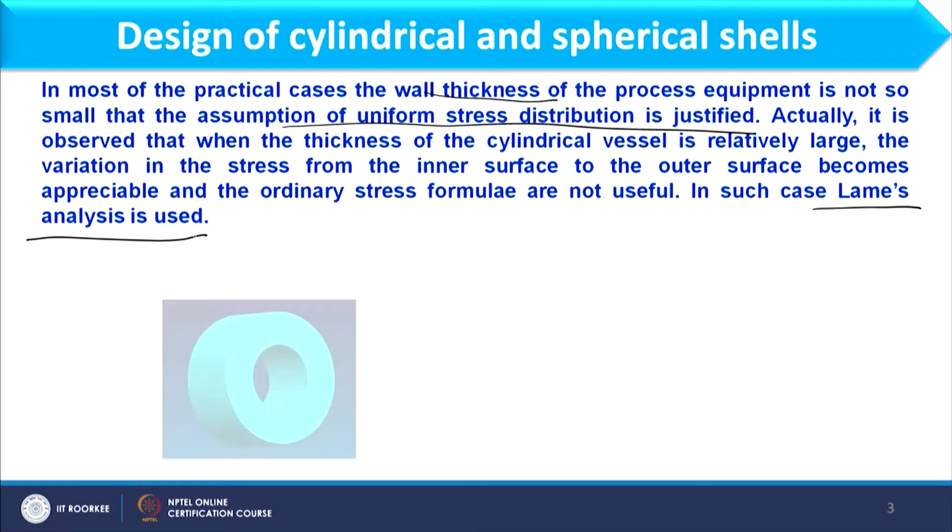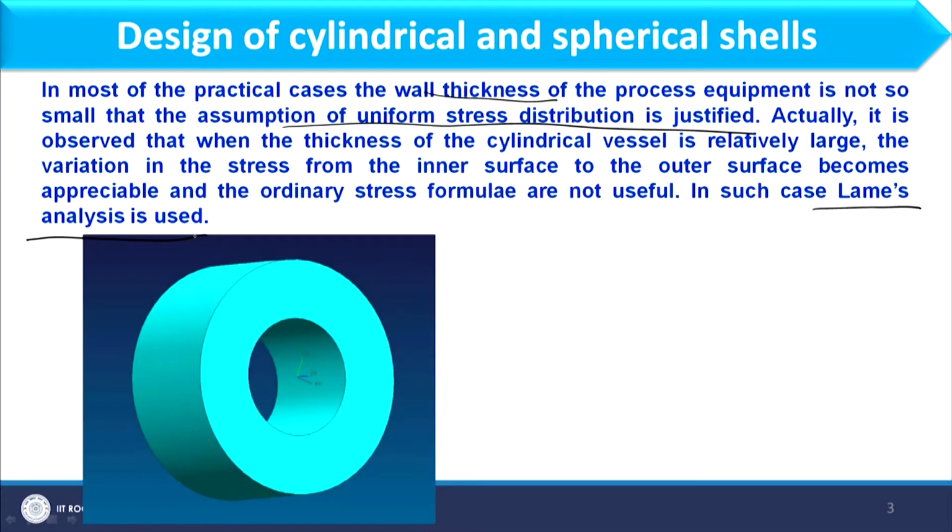So here I am having the thick walled vessel, where if you consider this is the total thickness of the vessel, and I am considering stress at this point as well as at this point, stress will vary from inner surface to outer surface, and that we need to consider in designing.